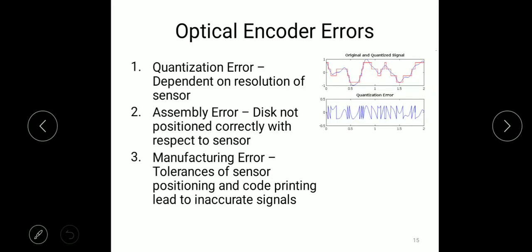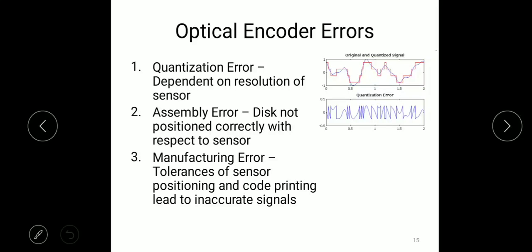Similarly, assembly error may occur in optical encoders, if the disk is not positioned correctly with respect to the sensor. Based upon the disk, the light is either transmitted or not transmitted, because it is opaque. Optical encoders work on that basis, so the assembly should be perfect, otherwise there may be error. Then manufacturing error: the tolerance of sensor positioning and code printing leads to inaccurate signals.